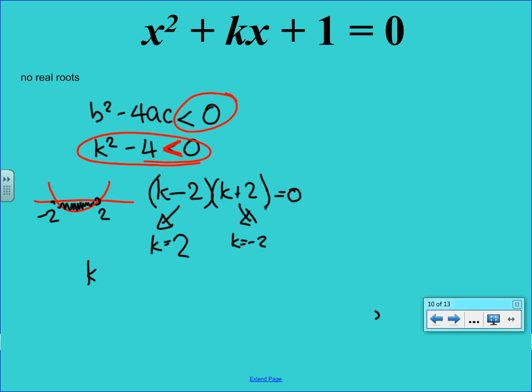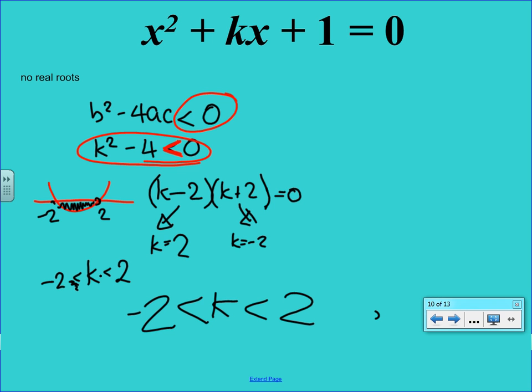So k is going to be between -2 but not including, and less than 2. So we need to be between 2 and -2, but we can't equal either of those, because it's just less than. So that is where this equation, as k varies, will still give you no real roots.